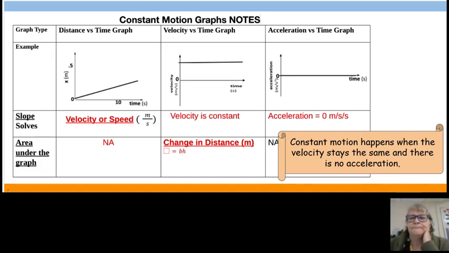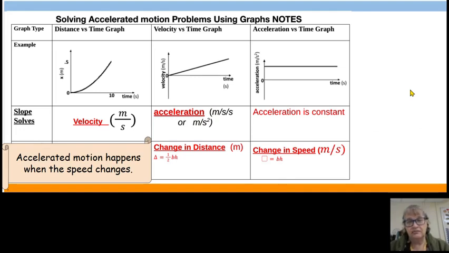Now with accelerated motion, it happens when the speed changes. If we're looking at a velocity-time graph, you can see that the velocity is changing as time goes. It can go up, it can go down, which means speeding up, slowing down.